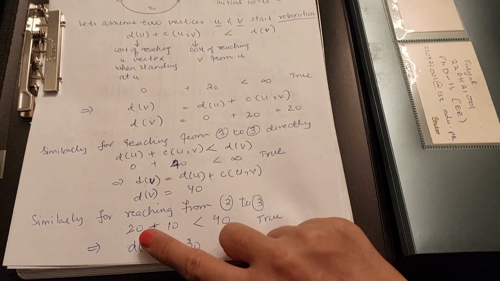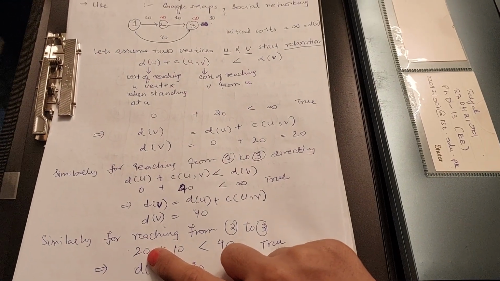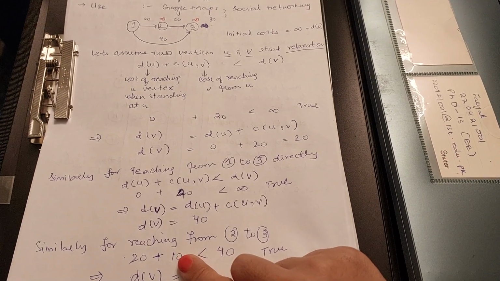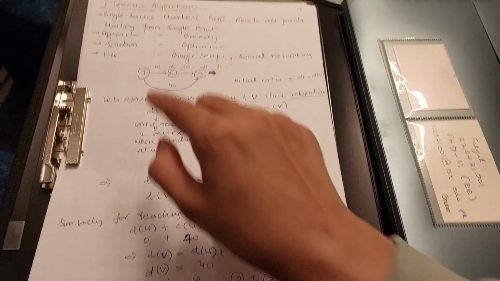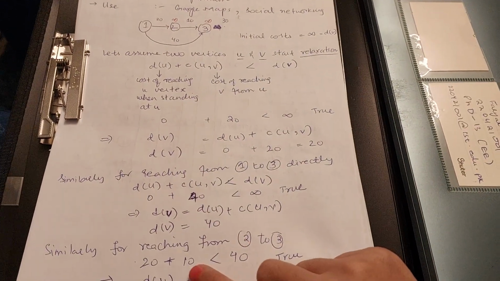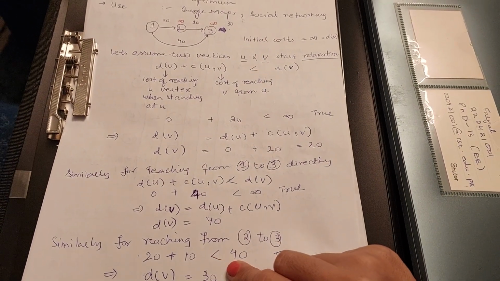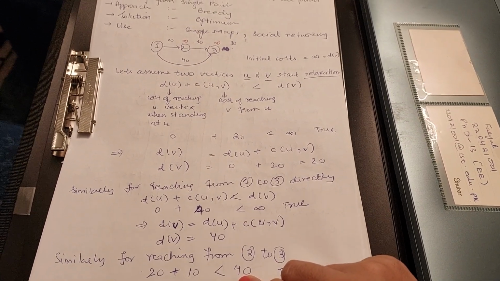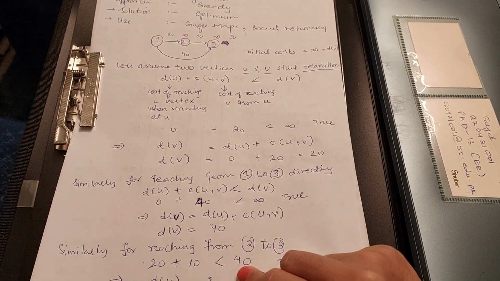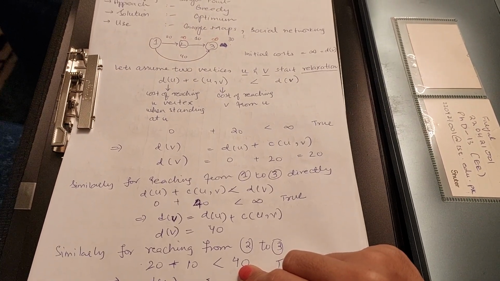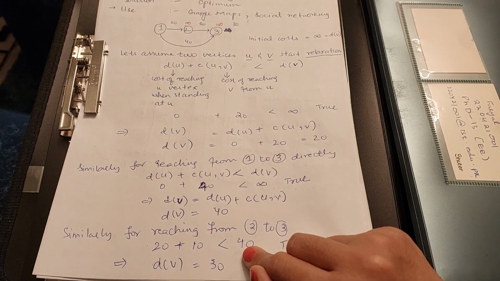So now we do not take this du as 0, we take du as 20, and the cost for moving from u to v is 10. You can see in the question it is 10, so you added 10 here. And if it is smaller than, so will you say that if it's smaller than infinity? No, you cannot say it as infinity, because why?